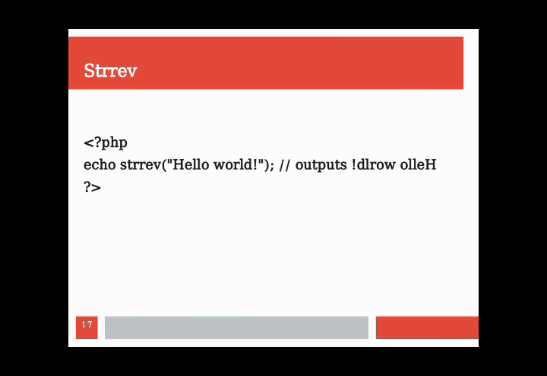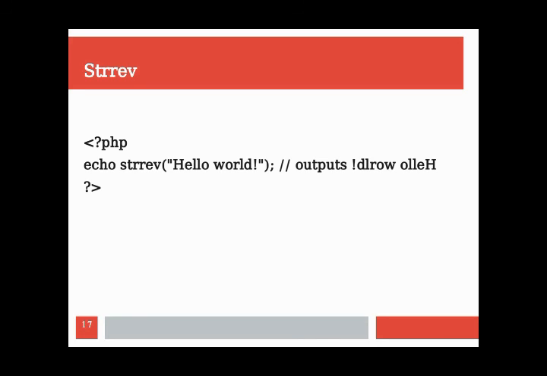Then next is strrev, that is string reverse. Here we'll see in the PHP program our display statement echo strrev, that means our function, string reverse. In brackets, within double quotes, "Hello, World!" with an exclamation mark. Here is our string which is passed, and the output is the reverse.